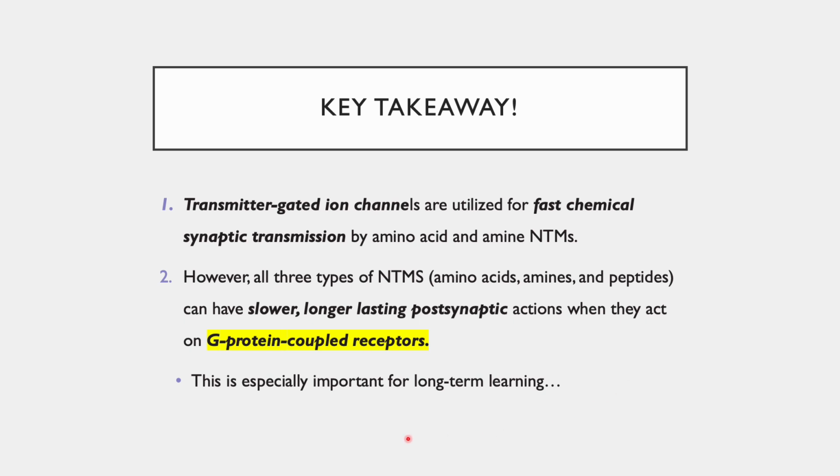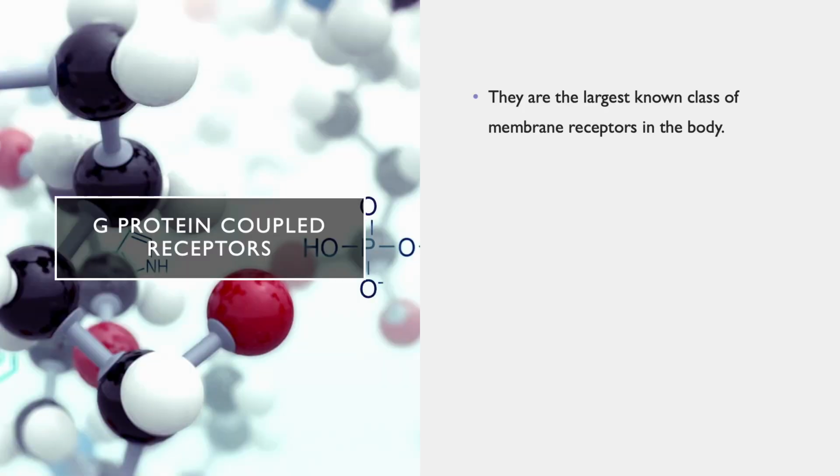Before we talk about their actual role, I want you to understand what a G protein coupled receptor is. G protein coupled receptors are actually the largest known class of membrane receptors in the body. There are thousands of different types, and each type has a specific function.